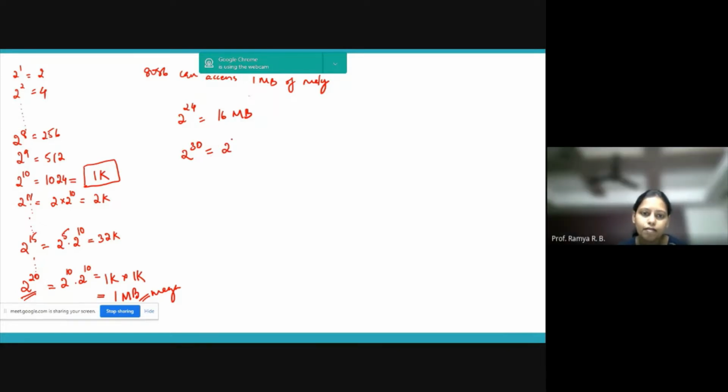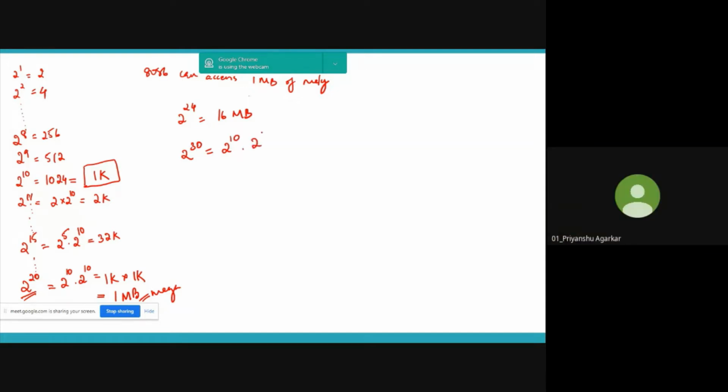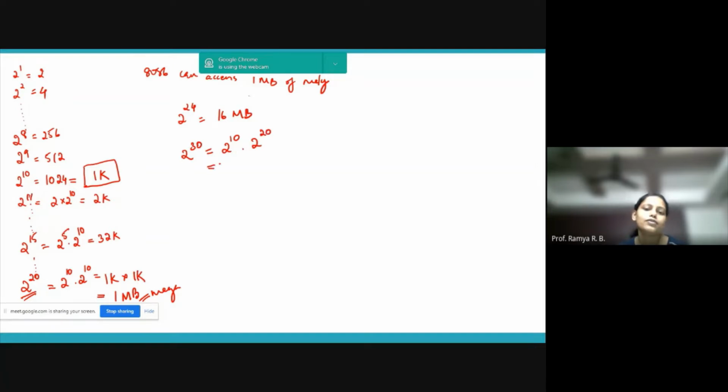It is 2 power 10 into 2 power 20, so it is 1 kilo into 1 mega, which is nothing but 1 giga.